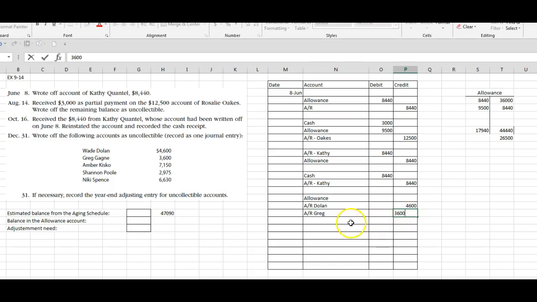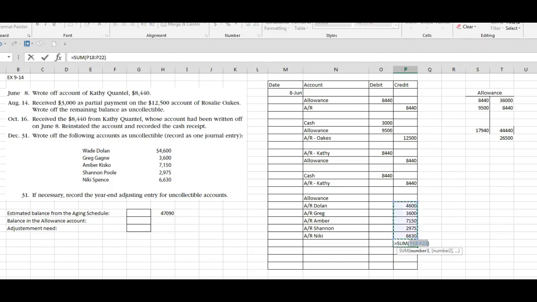We're doing a blanket write-off. And Amber for 7,150, and Shannon for 2,975, and Nikki for 6,630.